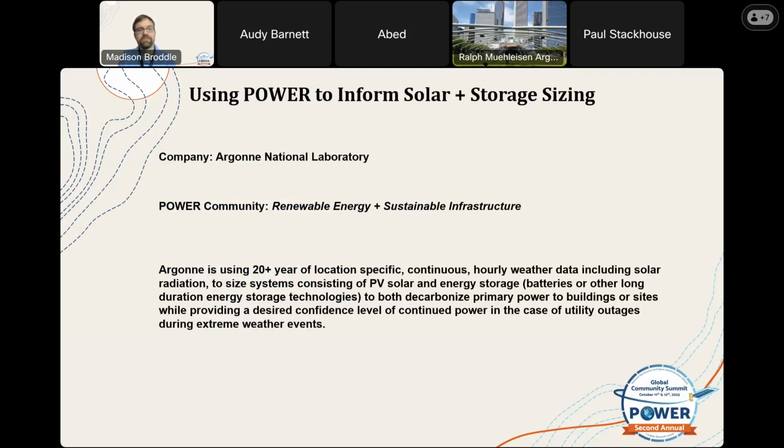We're using 20 years of location-specific continuous hourly data here, including solar radiation in particular, to size PV and energy storage together for the purposes of decarbonizing primary power and or designing and developing backup power in case of outages during extreme events.